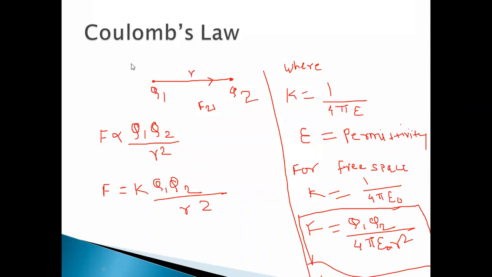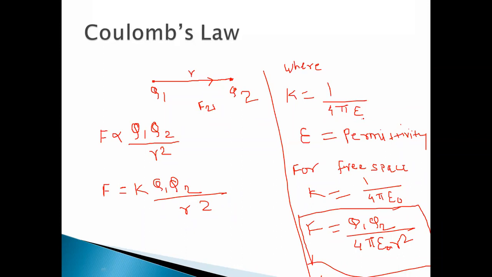Coulomb's law states that the force between these two charges is proportional to the product of magnitudes of these two charges, and inversely proportional to the square of the distance between them. So F is proportional to Q1 Q2 upon r square, so F is equal to K into Q1 Q2 upon r square, and this K is the constant of proportionality, which is equal to 1 upon 4 pi epsilon.